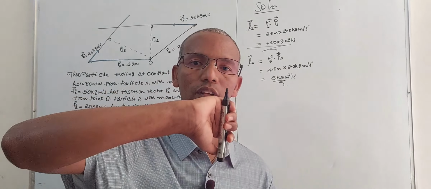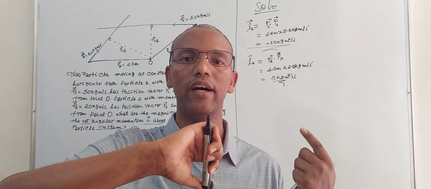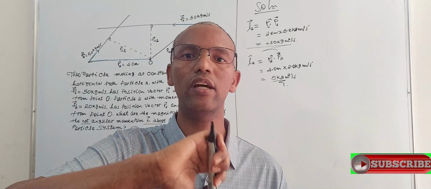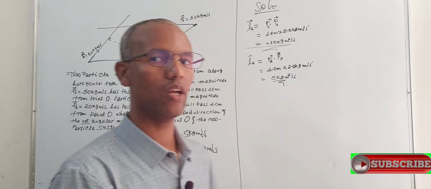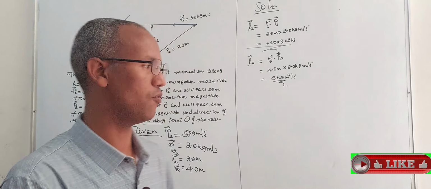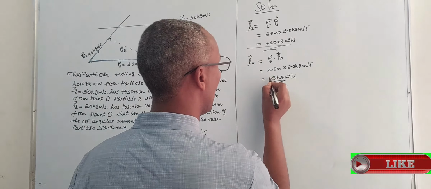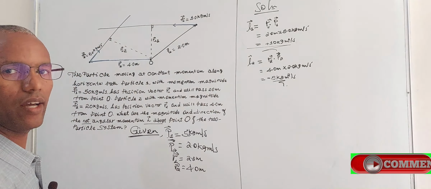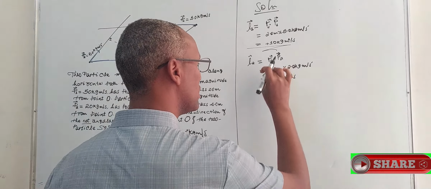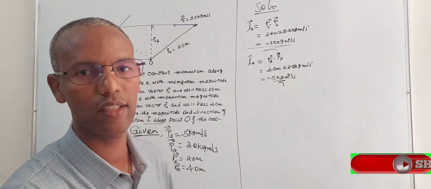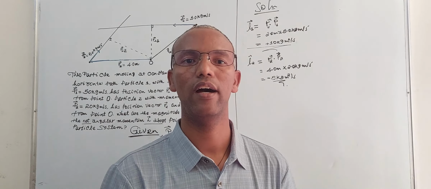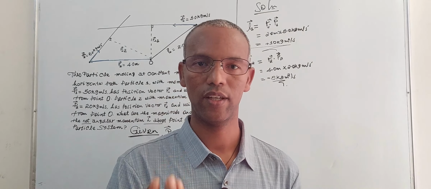If it is out of the page, it is a clockwise direction, which is negative. So this negative sign indicates that the angular momentum for this particle is in a negative direction.